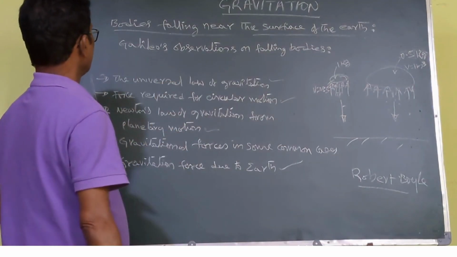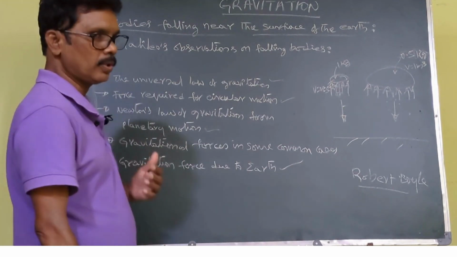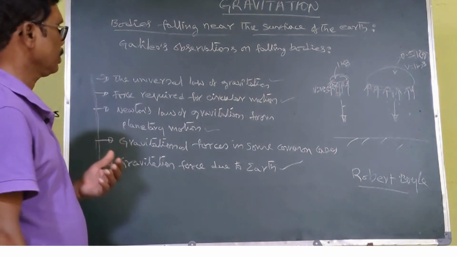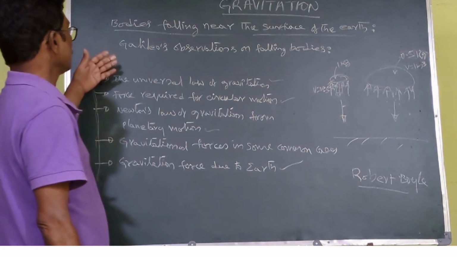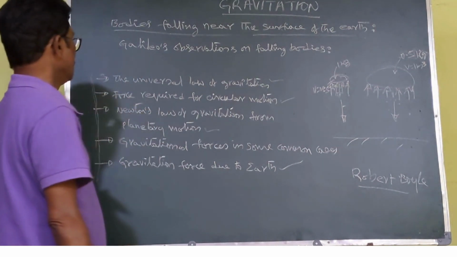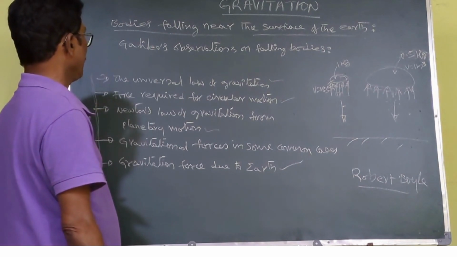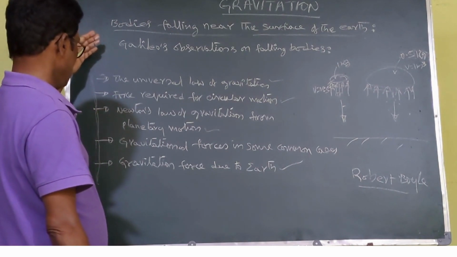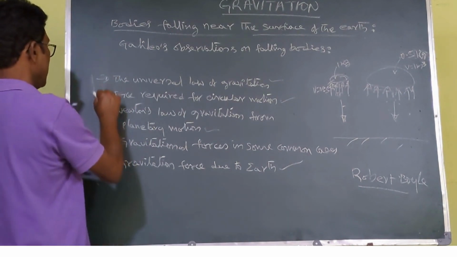So coming to this topic, before we calculate the acceleration due to gravity, the g value, this is the last but one. Before this, these are the topics to understand.